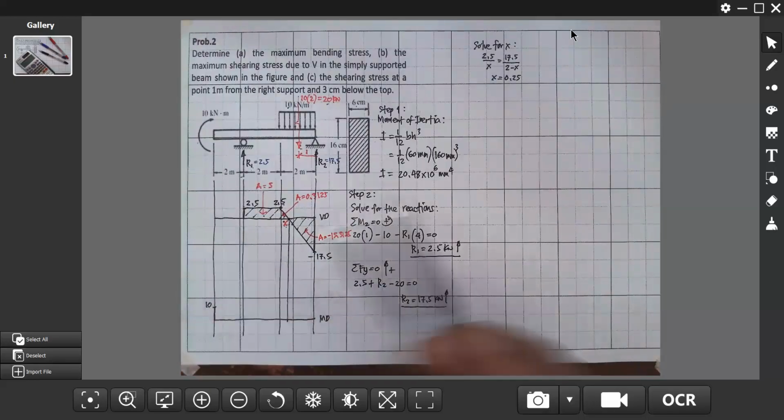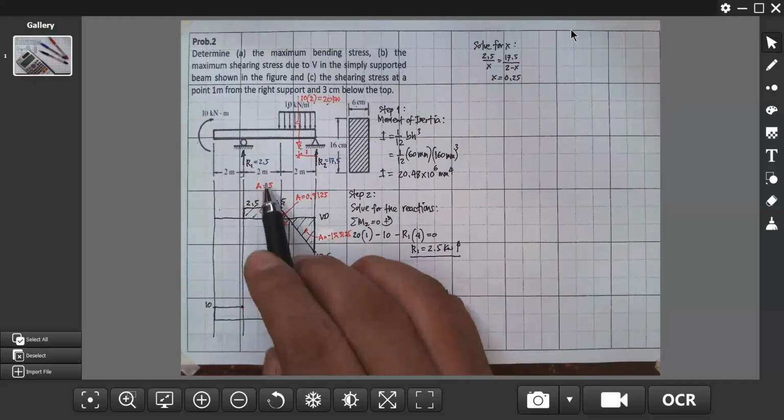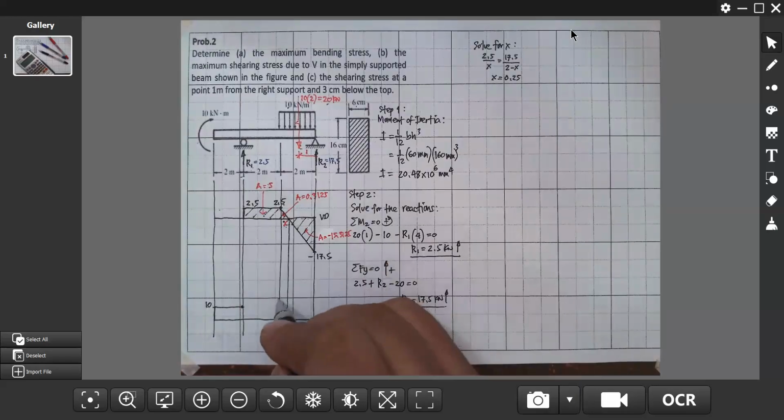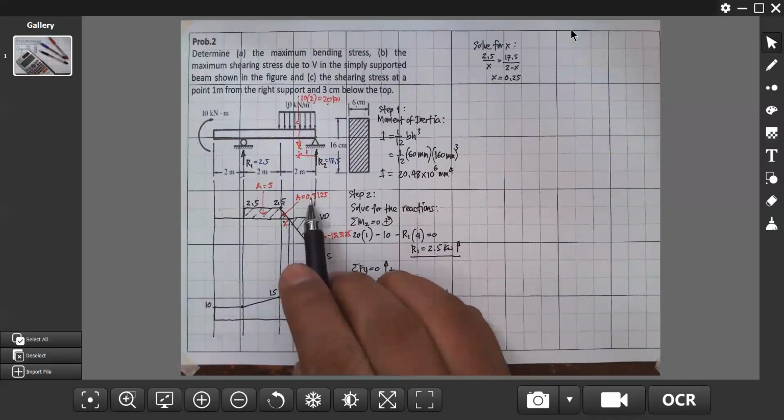And then in the shear diagram, since there is no area, it's horizontal. So 10, and then we add the area 5, so we have 15. And then we add the area 0.3125.